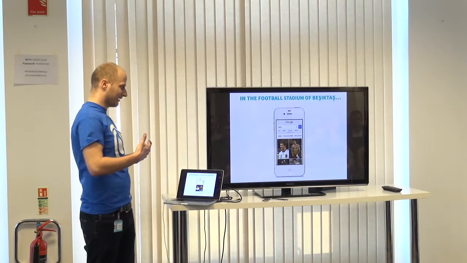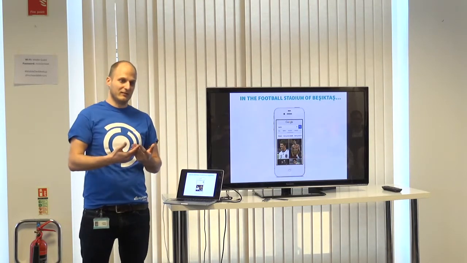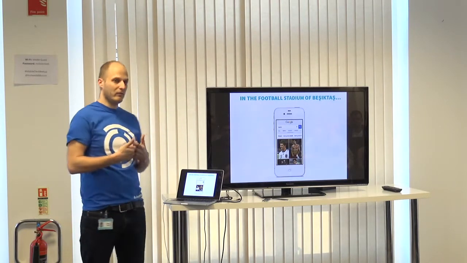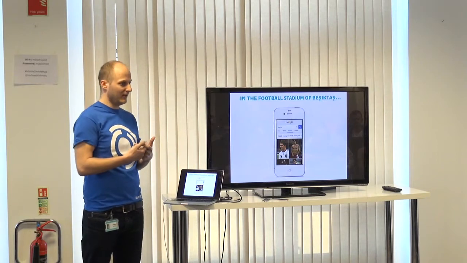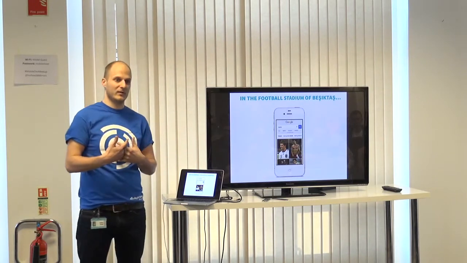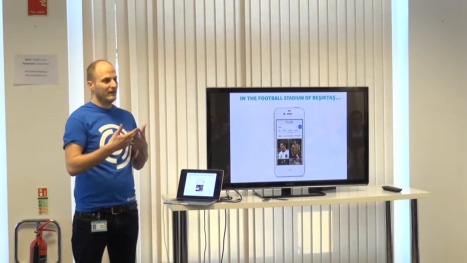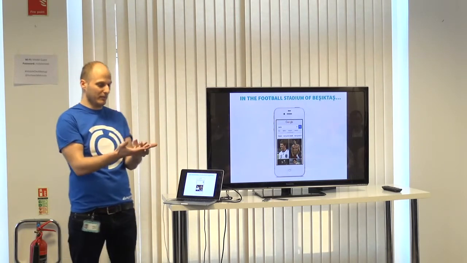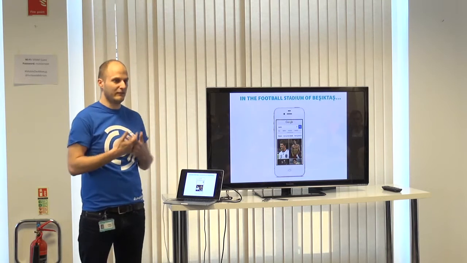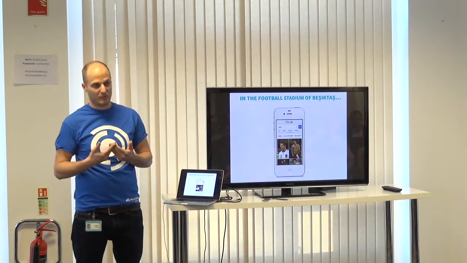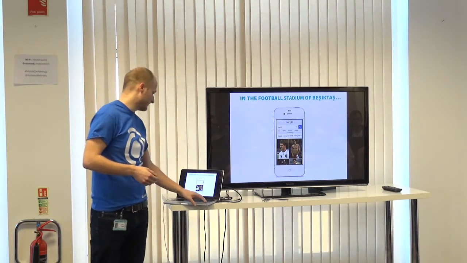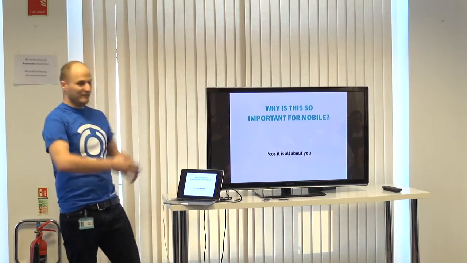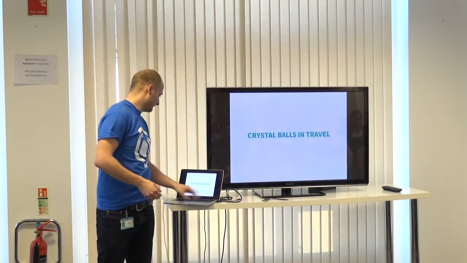So it's all about the context, and if you have a mobile phone, it isn't anymore just the information that you enter in the search box. It's a lot more. You can have information about the environment, you can have information about the person, and you can use that information, historical data, to provide a personalized user experience. Yeah, so it is just because it's all about you.